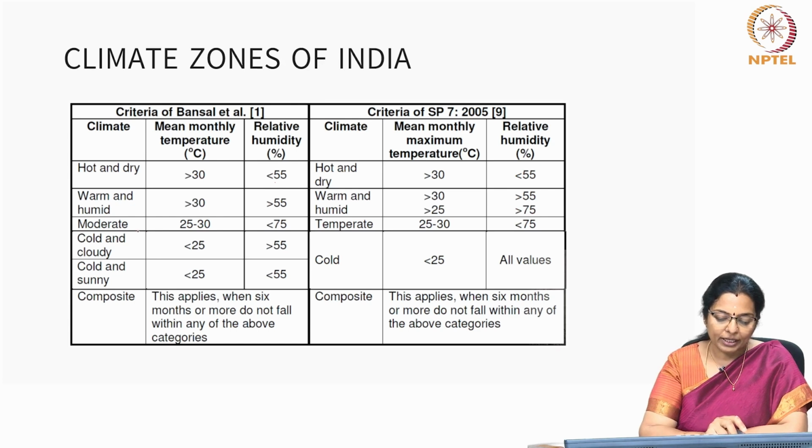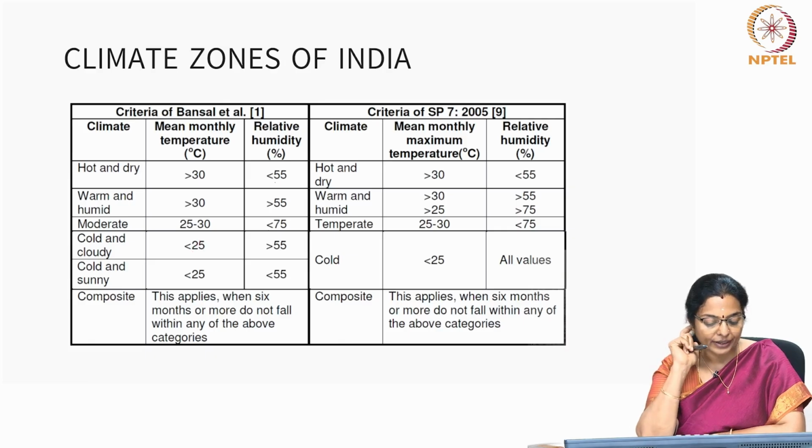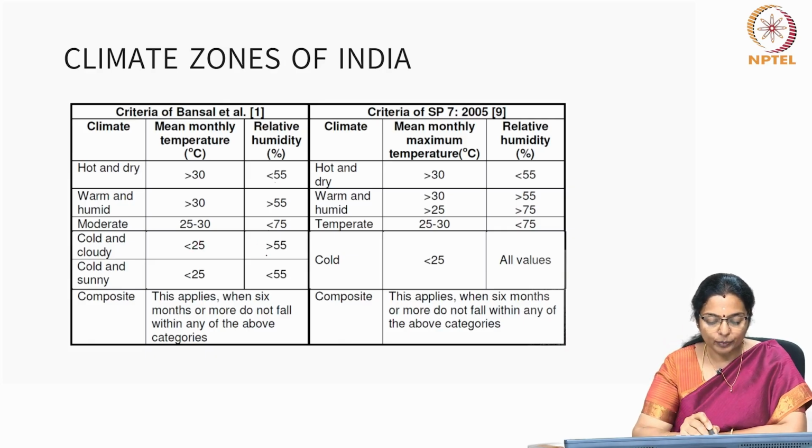For moderate climate, also known as temperate climate in SP7, the mean monthly temperature ranges between 25 degrees to 30 degrees and the relative humidity is less than 75%. This is the same with SP7. Bansal classifies cold and cloudy climate, for which the mean monthly temperature should be less than 25 degrees centigrade and the humidity should be greater than 55%.